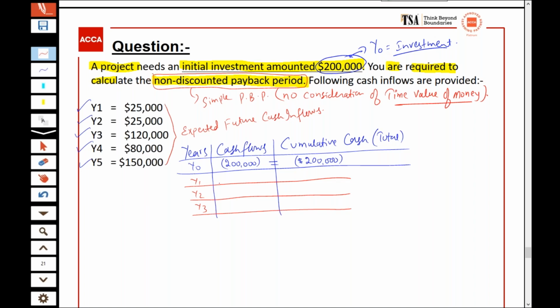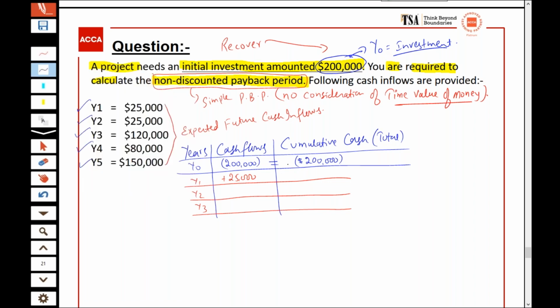See, my main focus is to recover the initial investment, not the excess surplus amount. I am interested in the time period in which I can recover my initial investment, that is the $200,000.